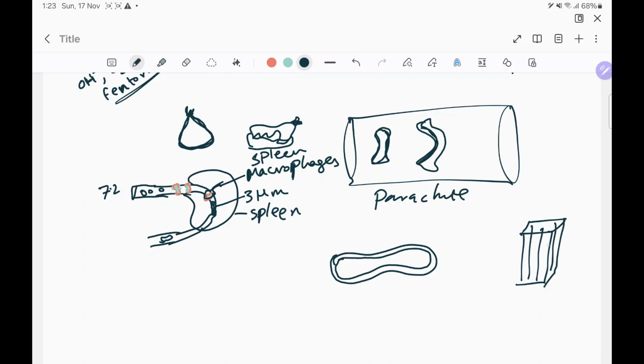This makes it more earthquake resistant and much more resilient. So the protein called spectrin acts like your rebar. It gives strength and shape to this cell.